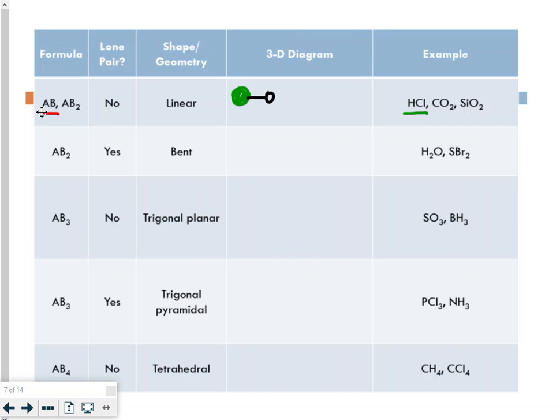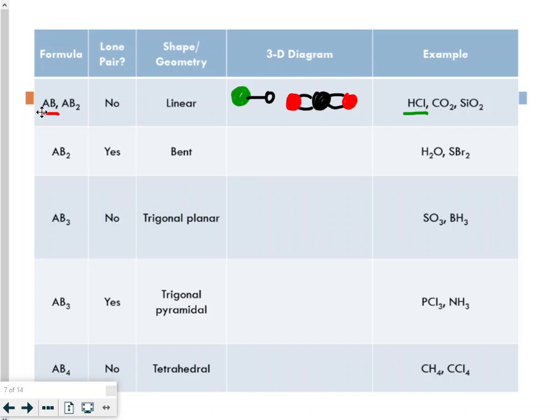Here's carbon in the middle, the black one, and the two red ones are the oxygens. But pass it around, this one's going to form a linear shape. So I'm going to draw this one for you too. When you draw these ones, make sure you do add two bonds to show that it has a double bond in it. Like so. Okay?